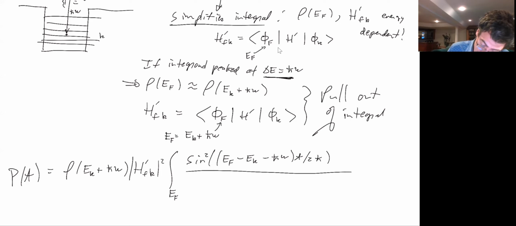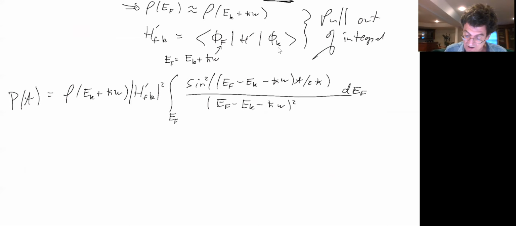All over f minus k minus h bar omega squared f. And then, okay, so that's what my integral looks like.